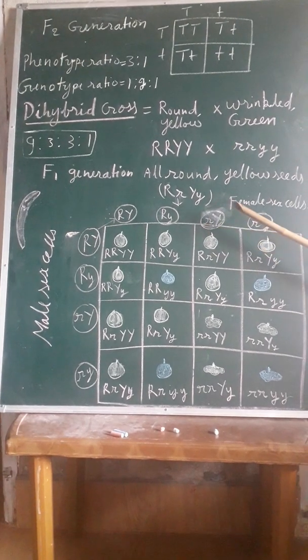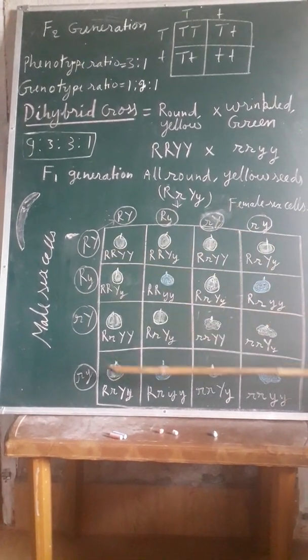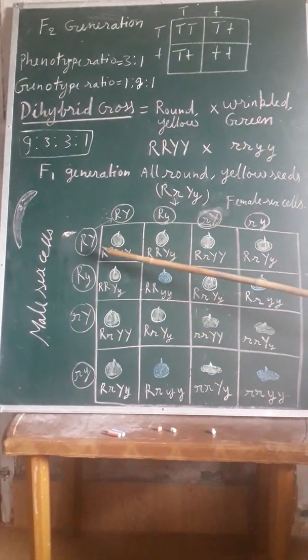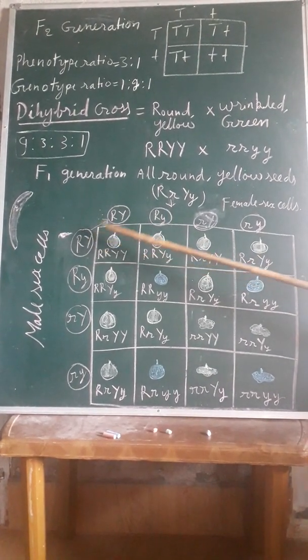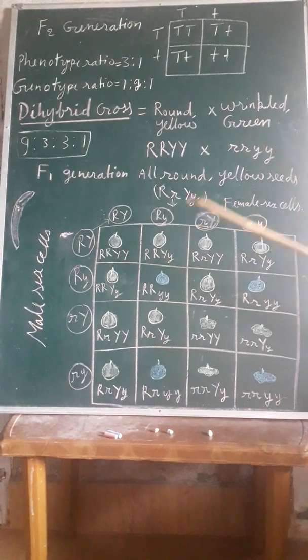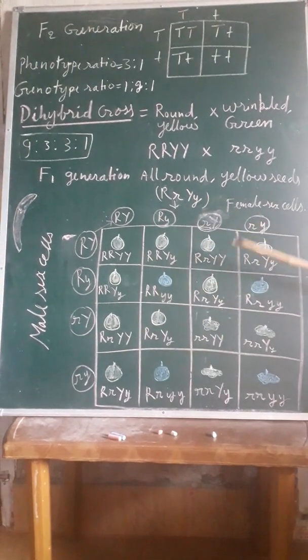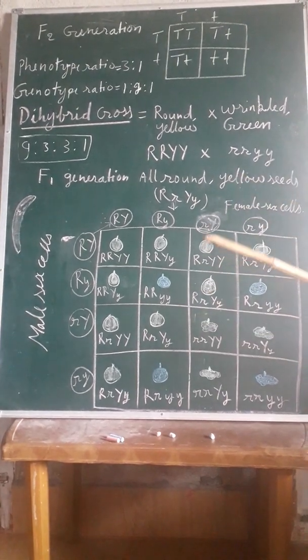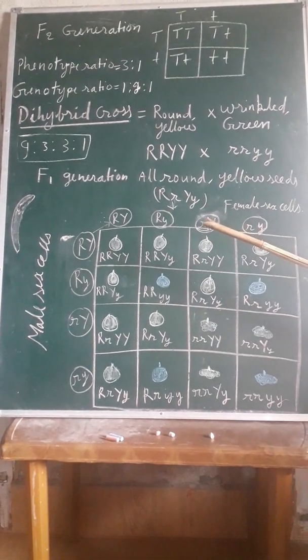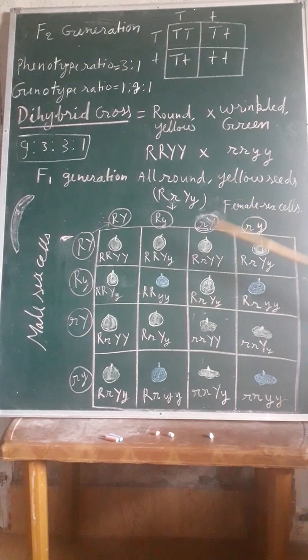This is for the female sex and the same were taken for the male sex. If you multiply with this, you get this. With this if you multiply, you get this. In the same way, with all of these we multiply and get this chart. And you can see the color of the seeds, how he got them in different ways.